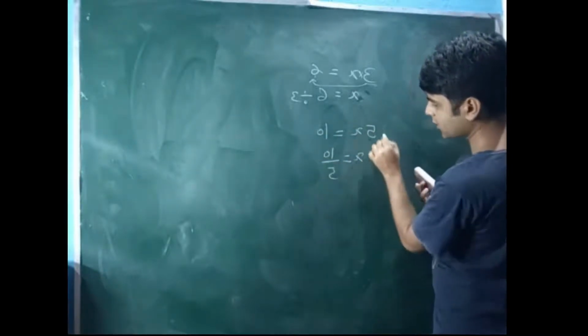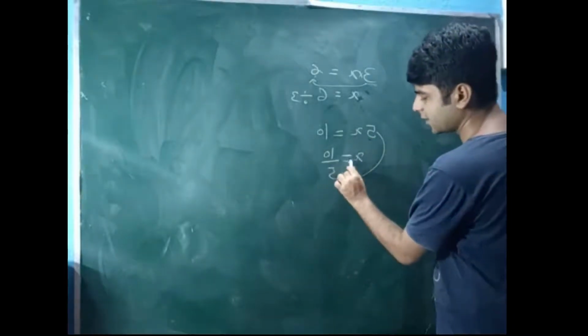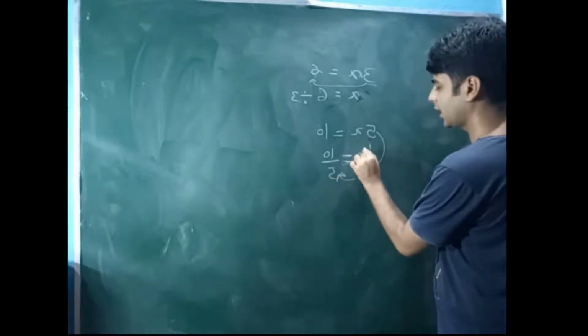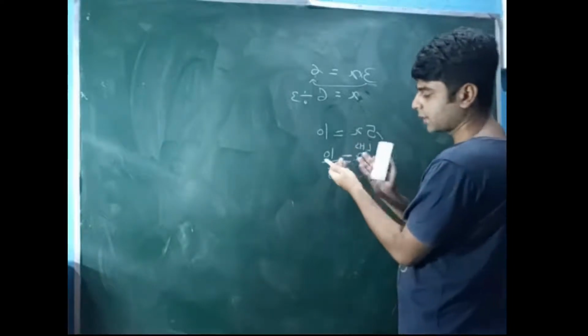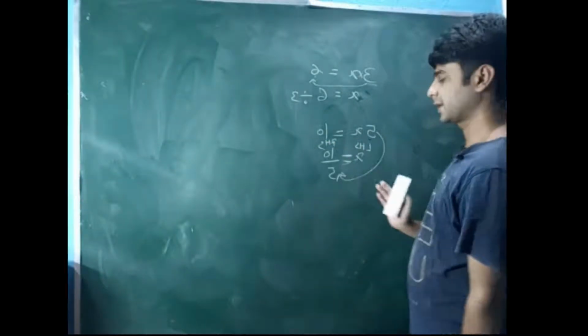So whenever it's going to the right side, this is called LHS, which is the left hand side of the equal sign, and this is called the right hand side of the equal sign.